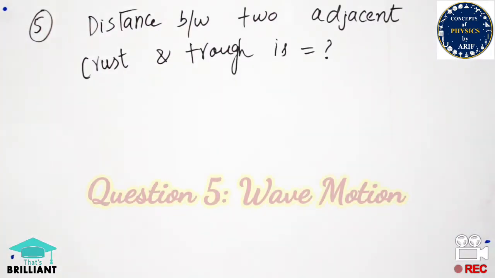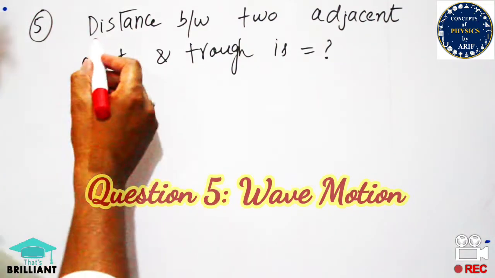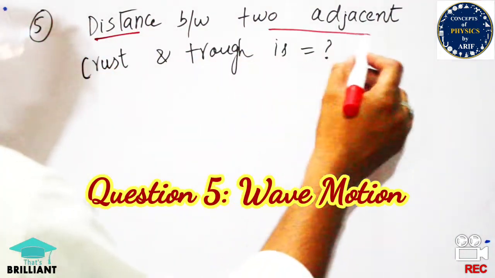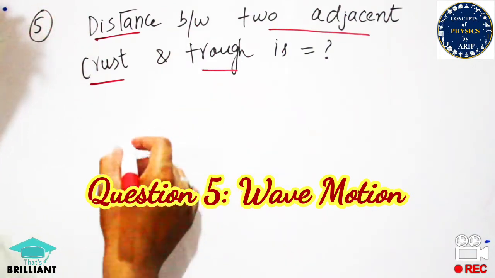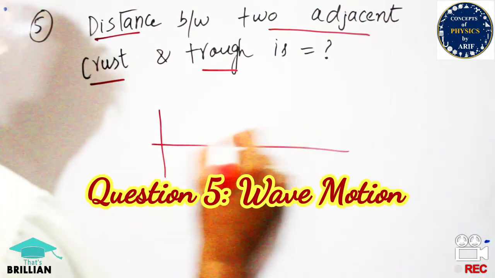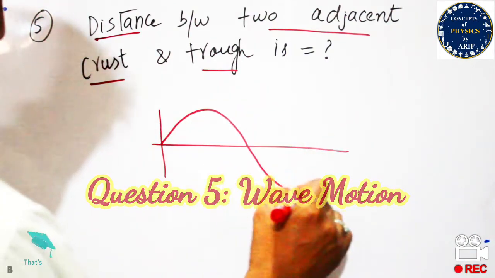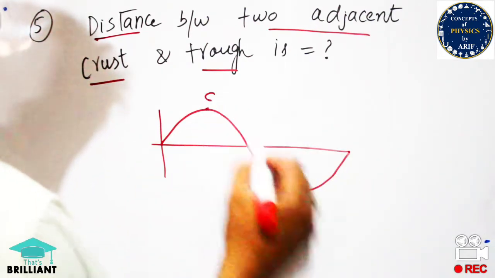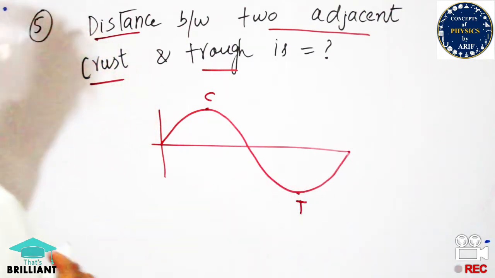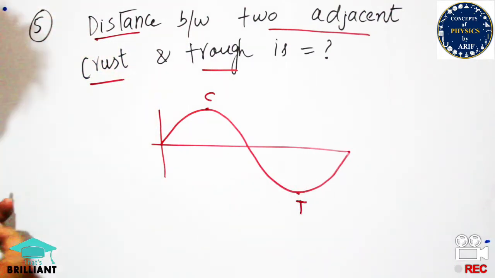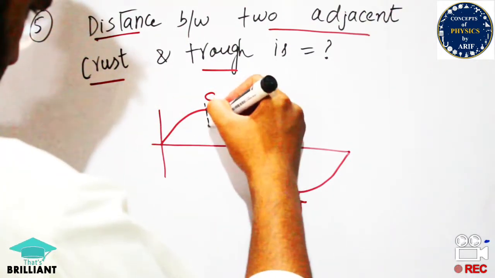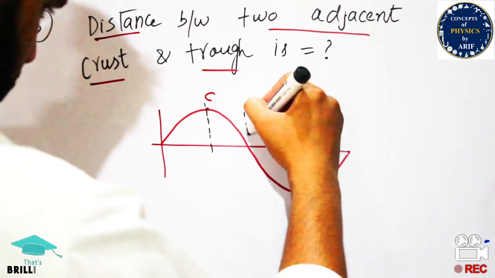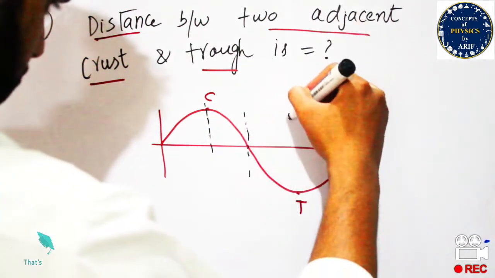The next question is: what is the distance between two adjacent crest and trough? So we need to understand two adjacent crest and trough from wave motion, because this is a question from wave motion. I have drawn one wave, in which one point is a crest and the other is a trough. So the distance between the crest and trough can be calculated.